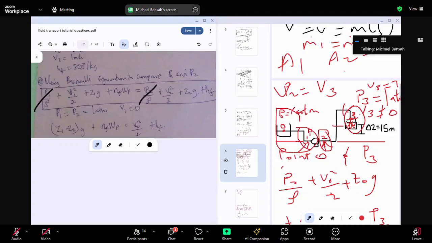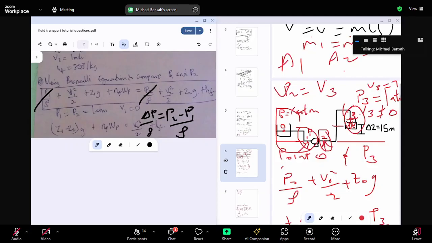We have P2 also unknown because the discharge line, we don't know the pressure over there. So what we will do is to group it such that we'll be having P2 minus P1 over rho. This is the same as change in P over rho. Is that fine?